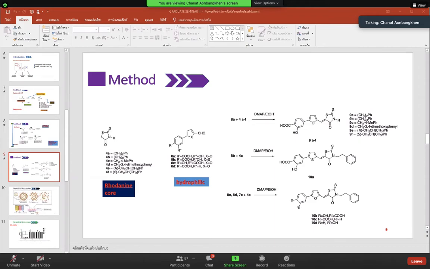The chain is increased too. In series 9A to 9D, that is extension of the chain, and 9E to 9F is a change in the configuration. We have R and S configuration for 9E and 9F.